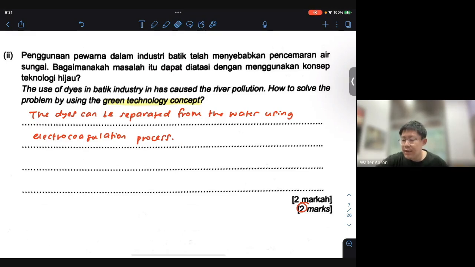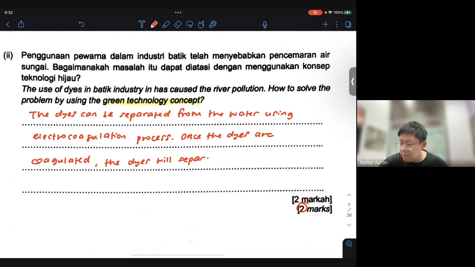So you can say here, once the dyes are coagulated, the dyes will separate, all right, the dyes will separate and can be removed as a sludge.